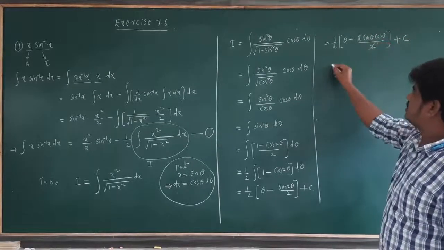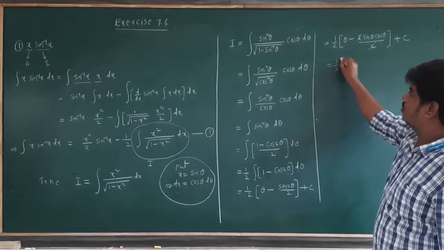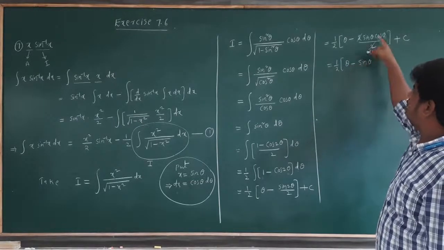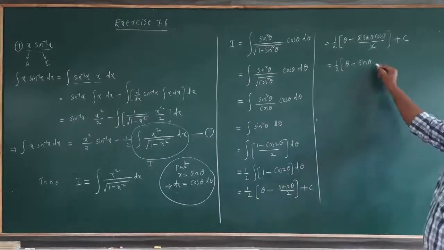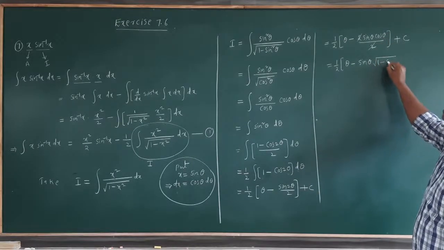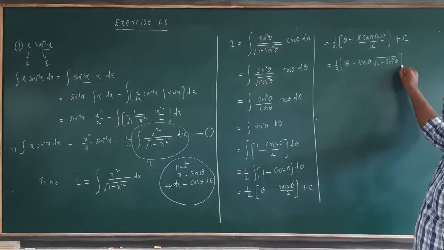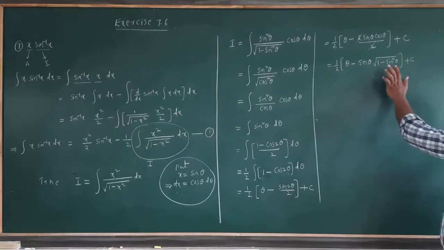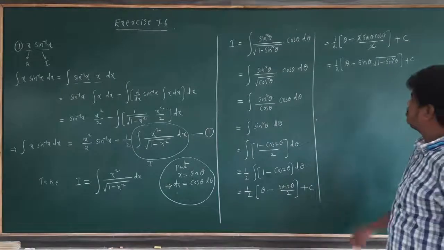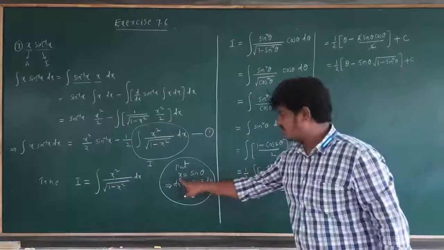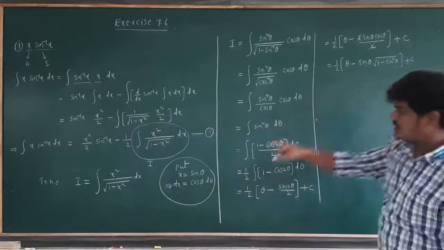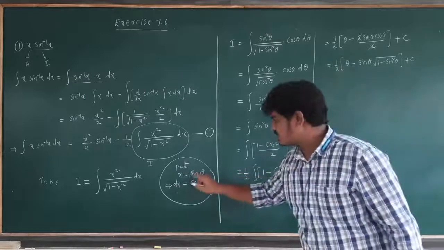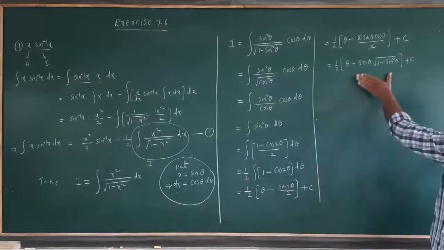Here the 2 gets cancelled, so it is equal to 1 by 2 into theta minus sin theta cos theta, plus c. Here for cos theta I am taking root over 1 minus sin square theta. Here in this we have to substitute sin theta as x, and theta as sin inverse x. Now the total is in terms of theta.